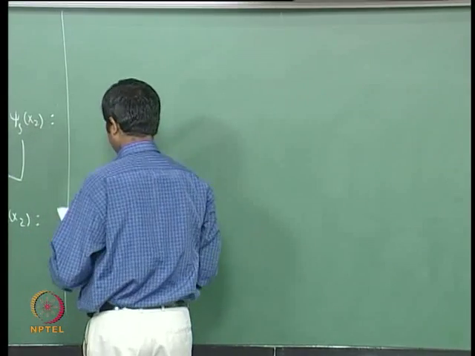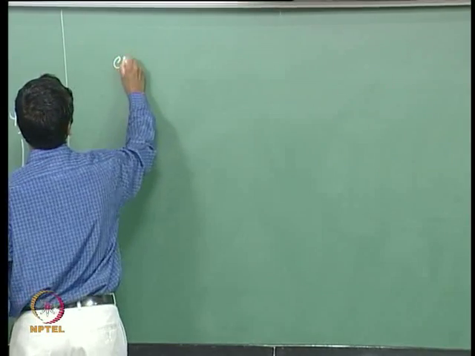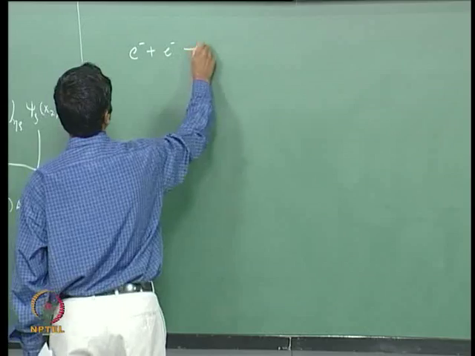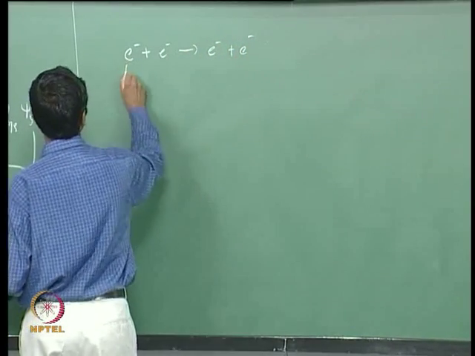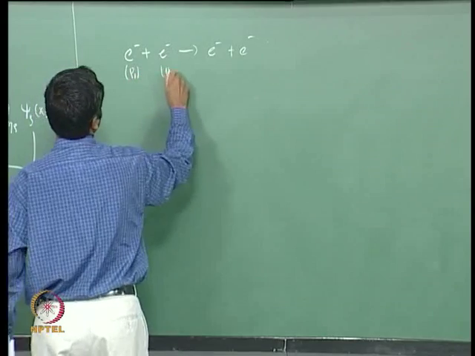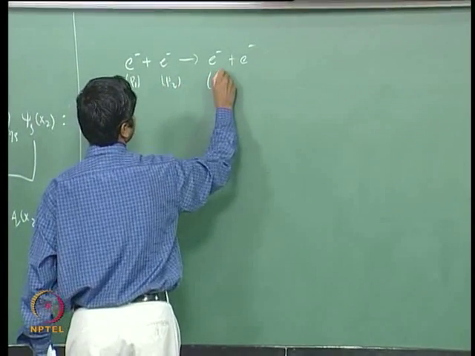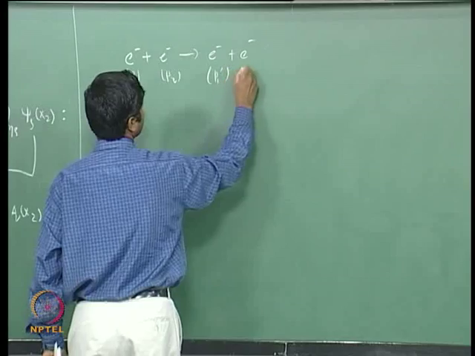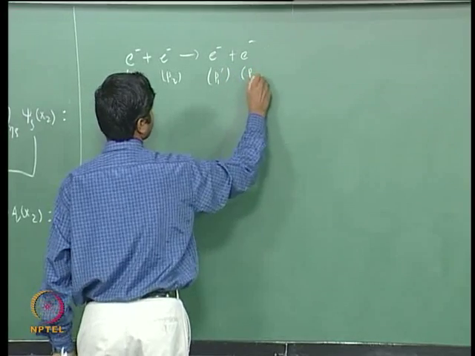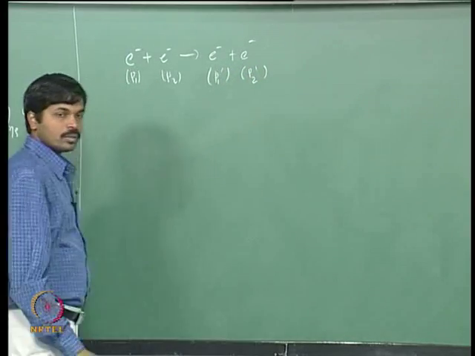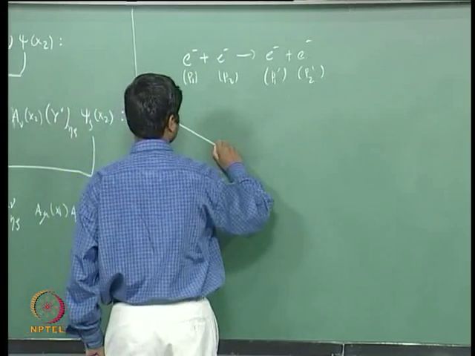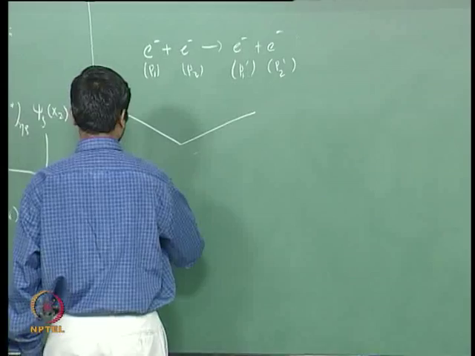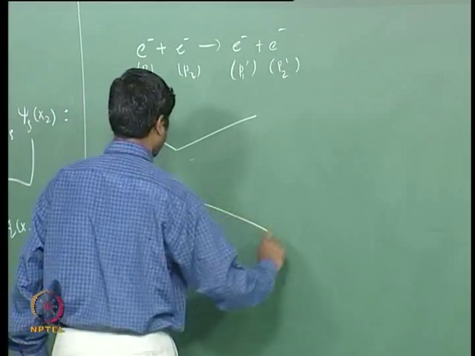So, let us say we consider e⁻ e⁻ going to e⁻ e⁻, of momentum p1, p2, where the momenta of the outgoing electrons are p1' and p2'. We have already seen there are two diagrams which contribute to this process.